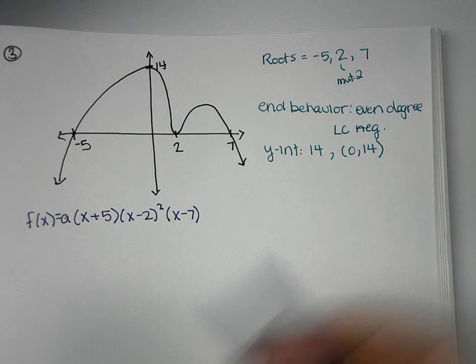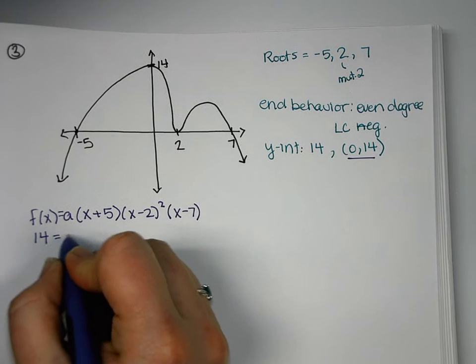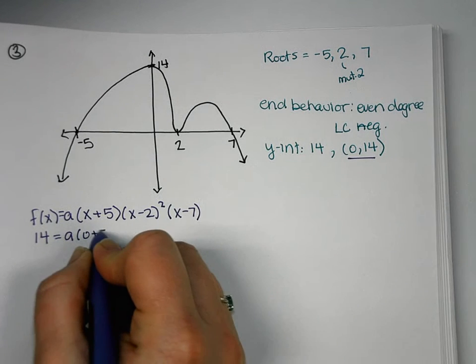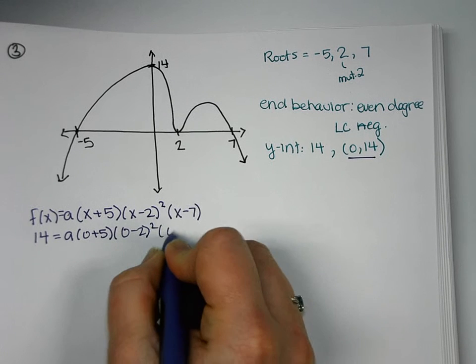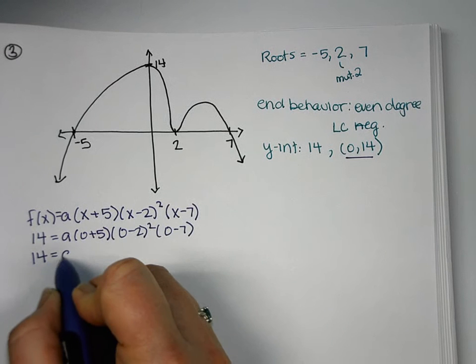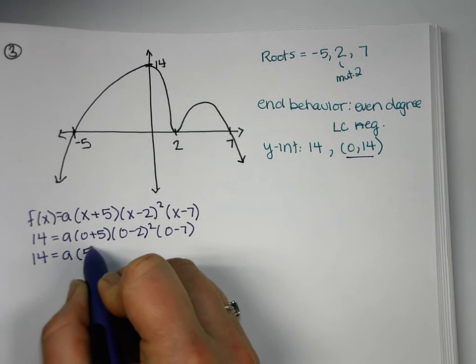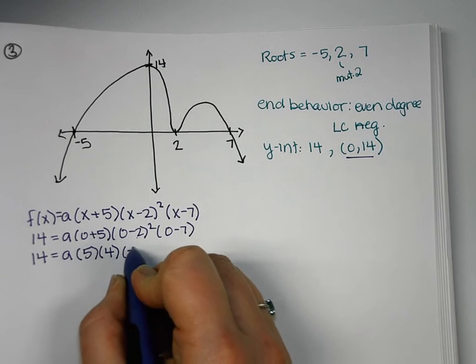From here, we're going to use our y-intercept. So 14 will equal a times (0 + 5) times (0 - 2) squared times (0 - 7). So 14 equals a times 5 times 4, because that's -2 squared, times -7.